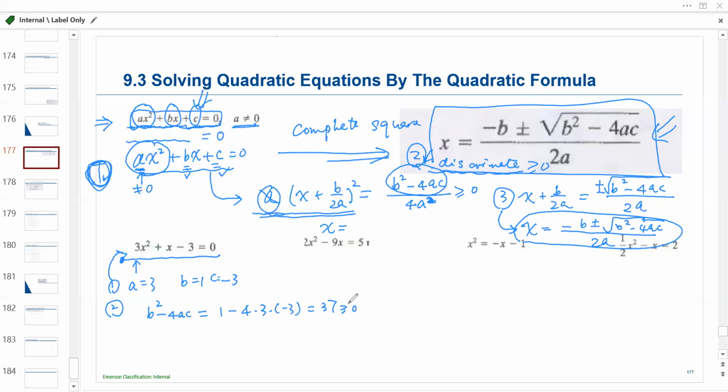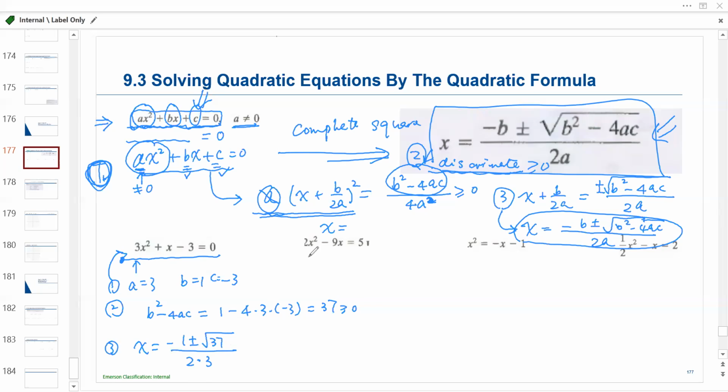So it's greater or equal to 0. In the third step, x is negative b, which is 1, plus or minus the square root of 37, over 2a, which is 3, right? So in three steps, you find the solutions.